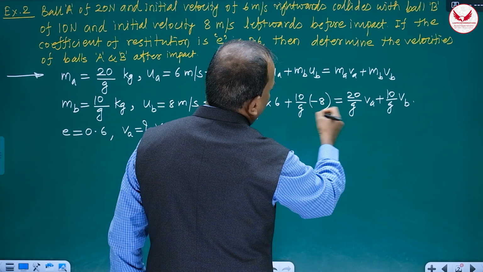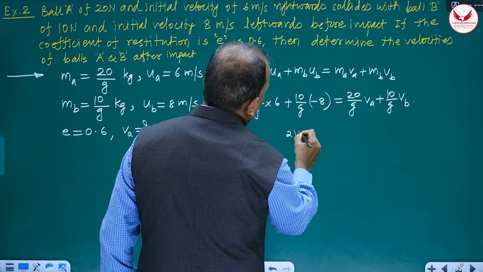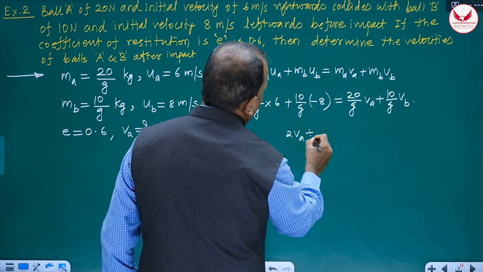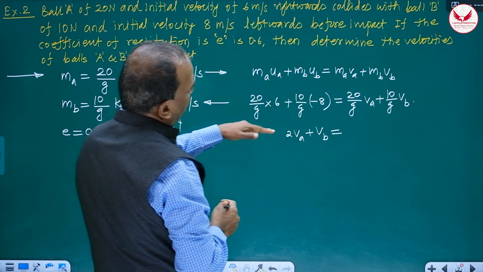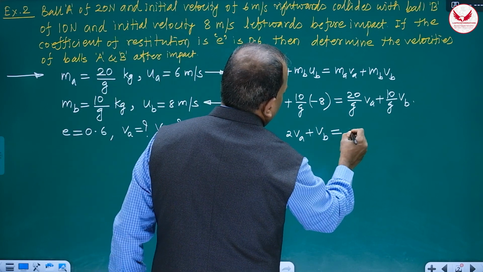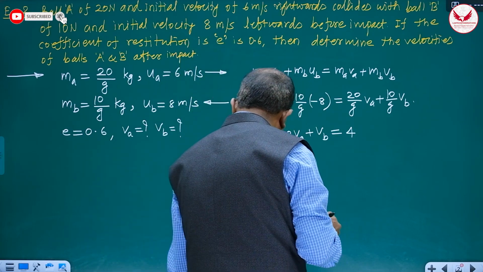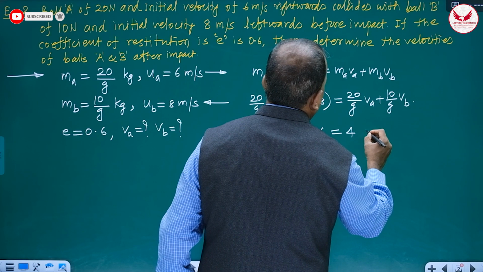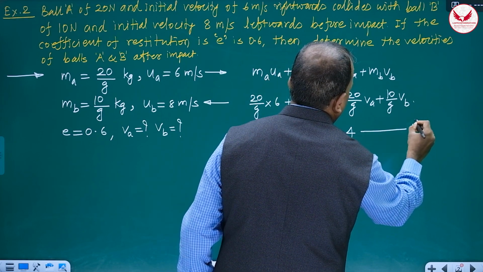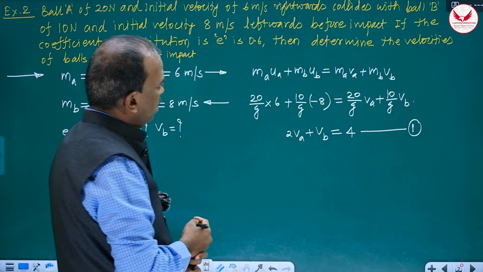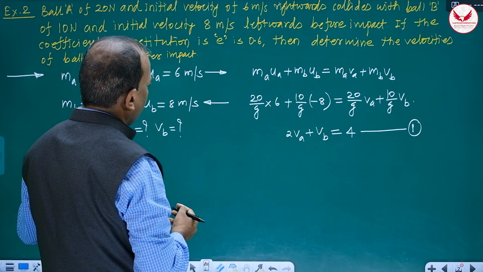So from this, if you solve it, we'll get the equation 2 VA plus VB is equal to 12 minus 8, it is 4. It is equation 1.